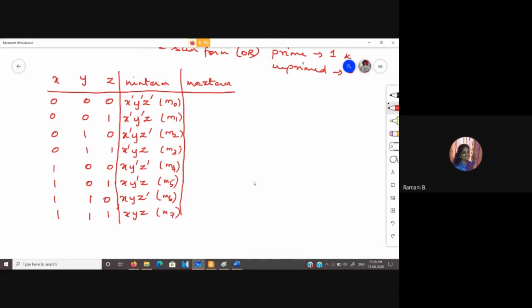For the max term, as I was mentioning, you write it in the sum form. The primed value corresponds to 1 and the unprimed corresponds to 0.